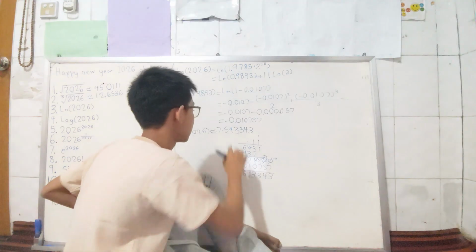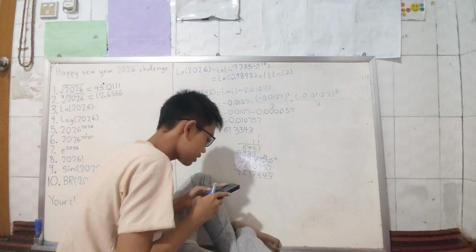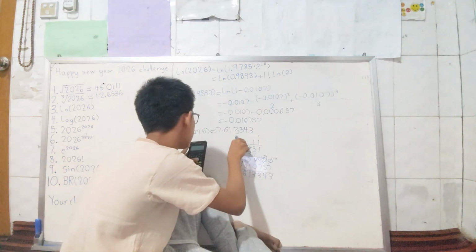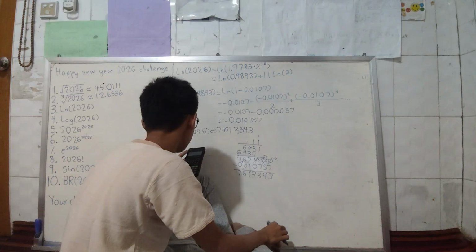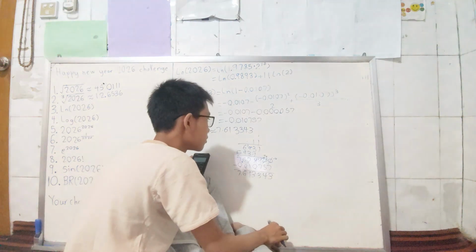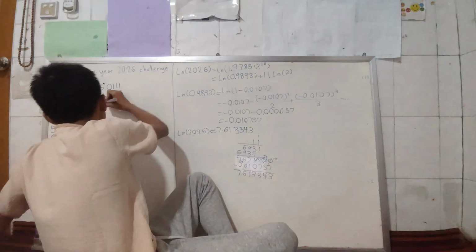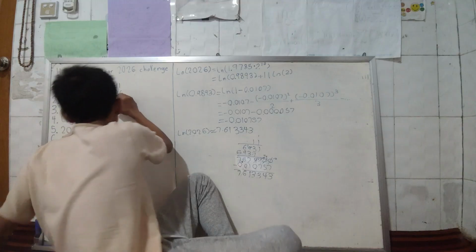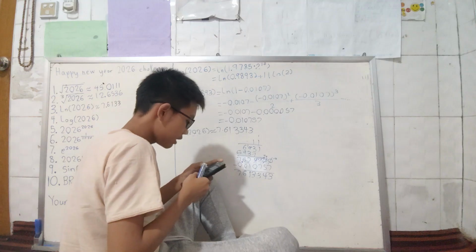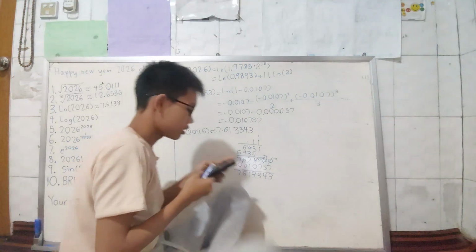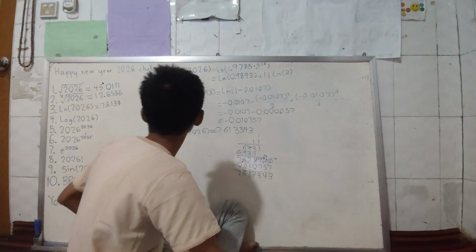I would have made a mistake, sorry. So let's check again, 2026, so that's gonna be 7.6138. Anyway, we're only taking 4 decimal places as an approximation, so 7.6133, but in the calculator it says 7.6138. Oh, so I'm just off by 0.0005.